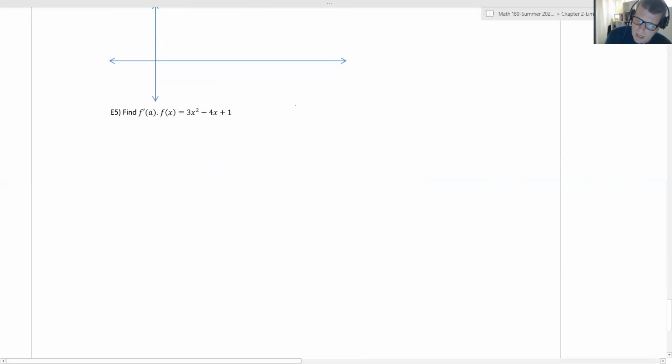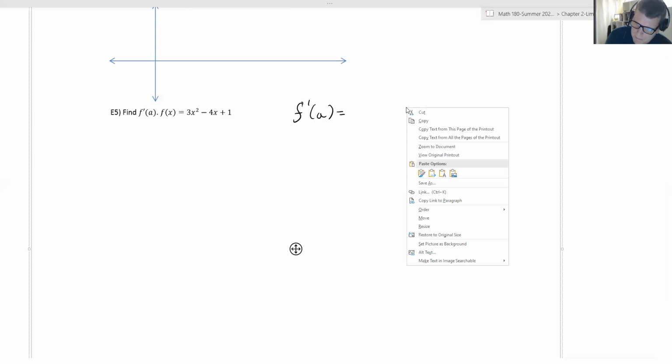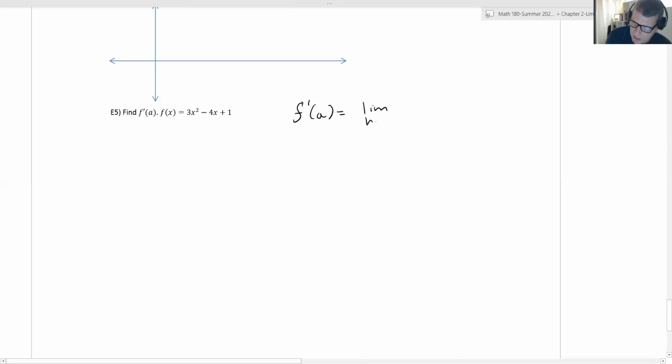What you need to know is that f prime of a is going to equal the limit as h approaches 0 of f of a plus h minus f of a, all over h. So go ahead and use that. We have x, but a is going to stay a variable.